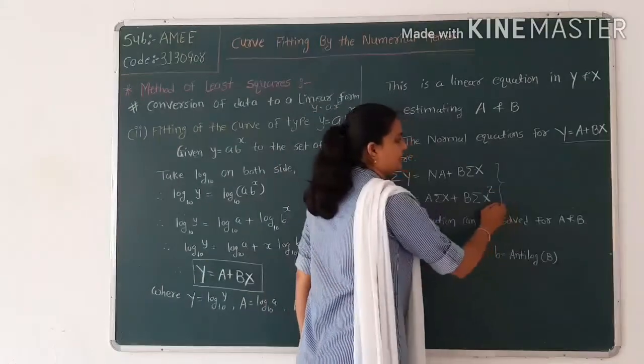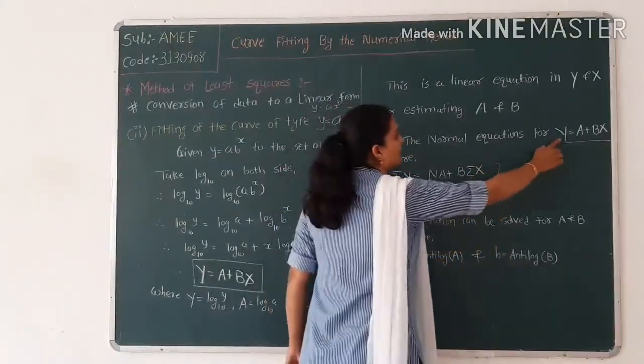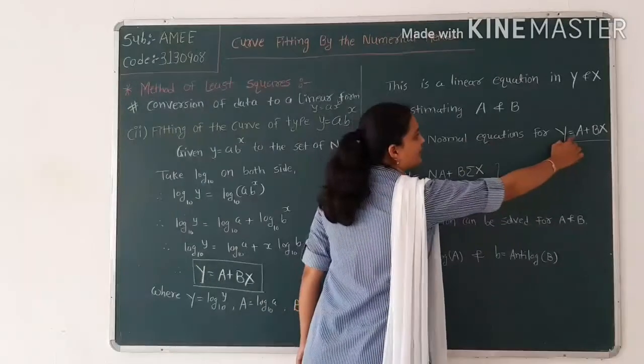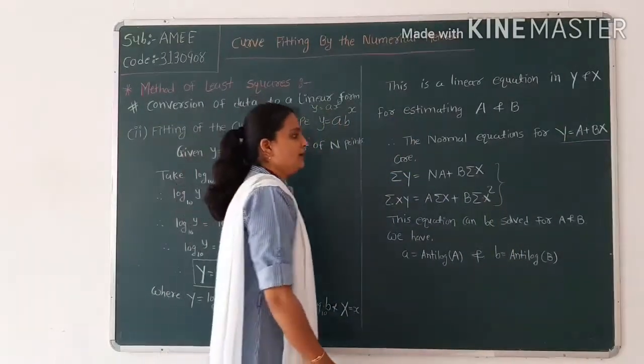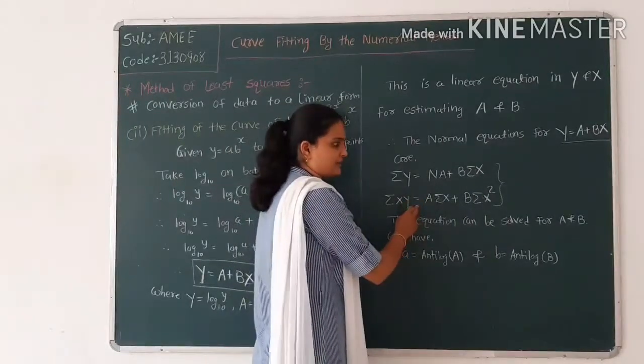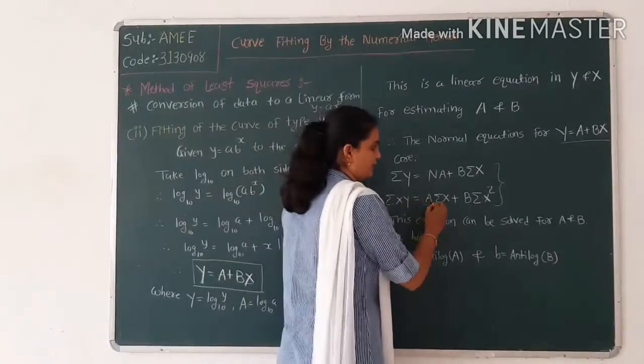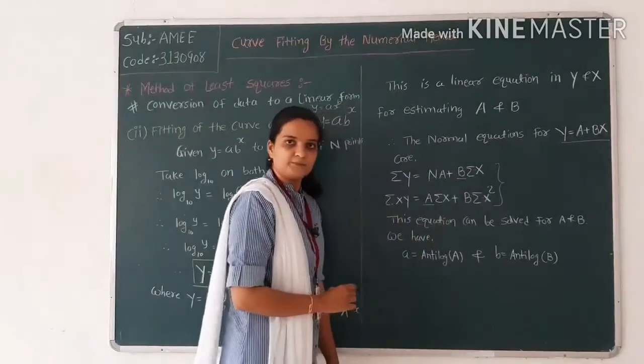These two are the normal equations of y equals a plus bx. Now we solve both these equations and find the values of A and B.